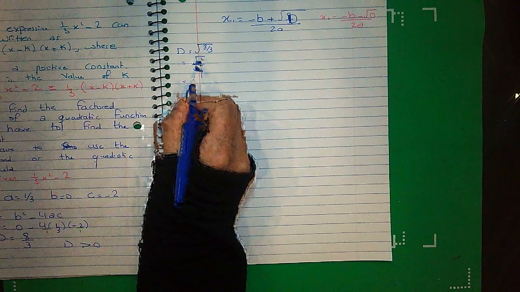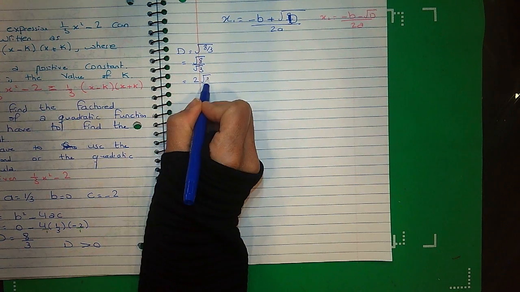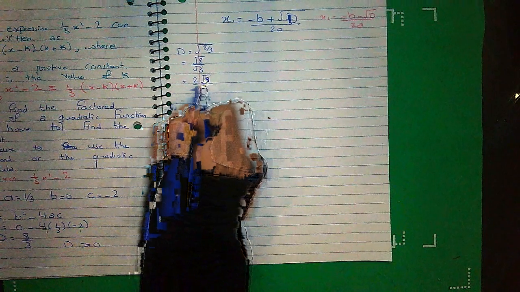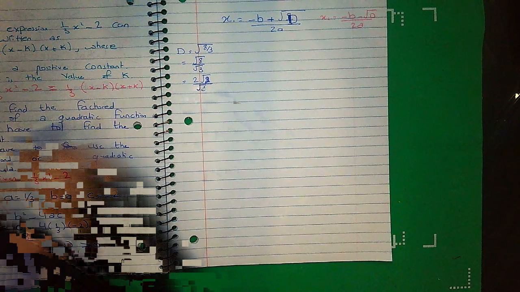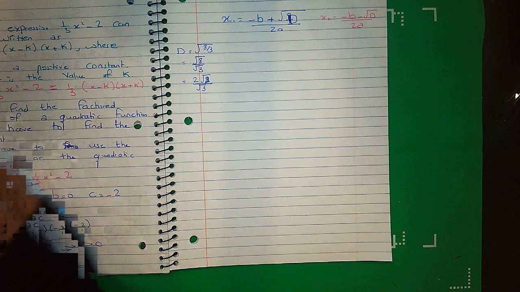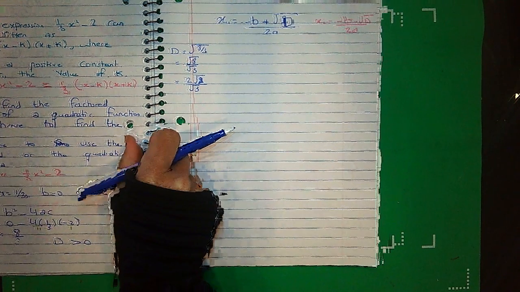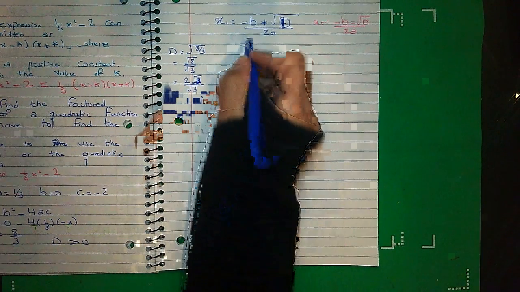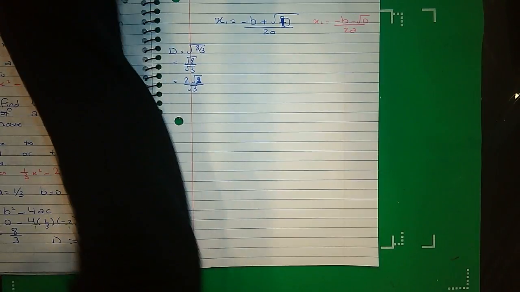The square root of 8 is 2 square root of 2, over square root of 3. Now we have to rationalize this, but I don't want to complicate things because we did not do the rationalizing part yet. So I'm just going to use this one here.